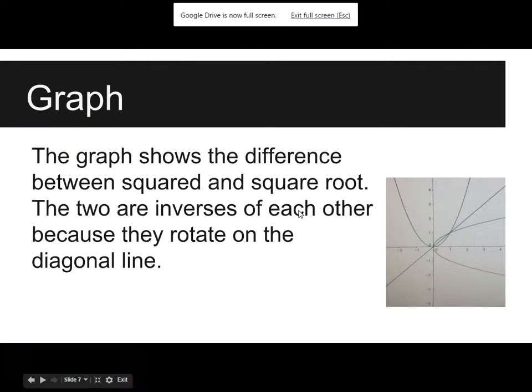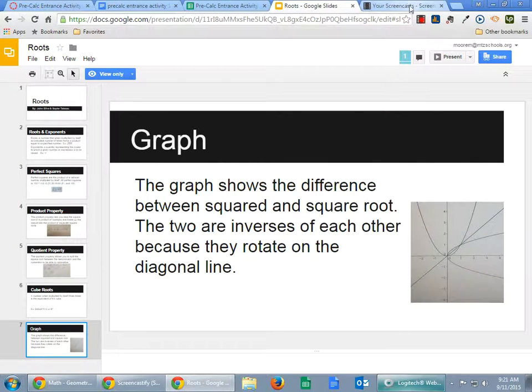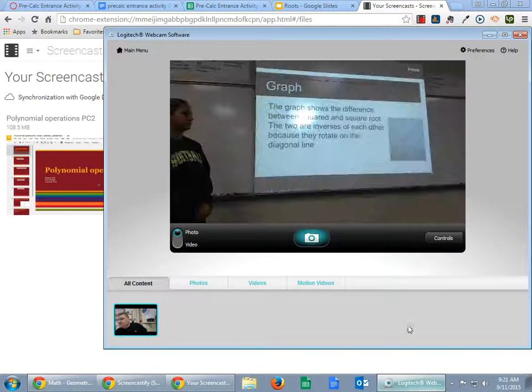And then this graph that I showed here shows the difference between the square root and the squared. The two are inverses of each other. So this diagonal line is just y equals x, which is just a regular line.